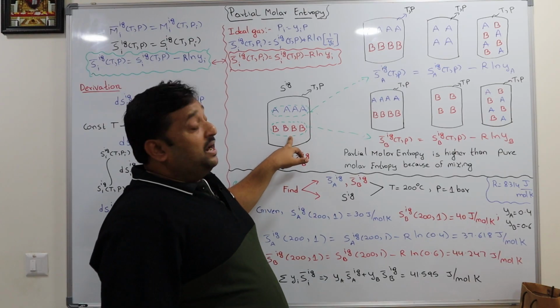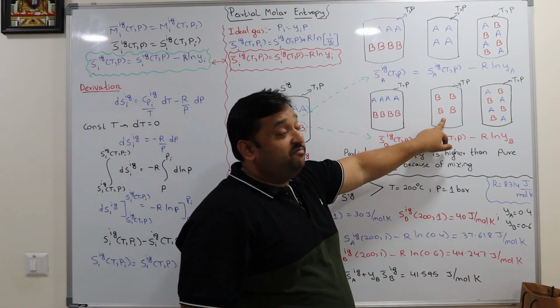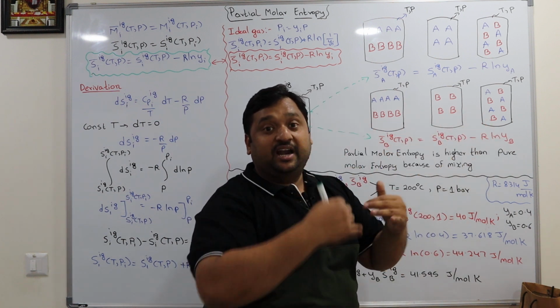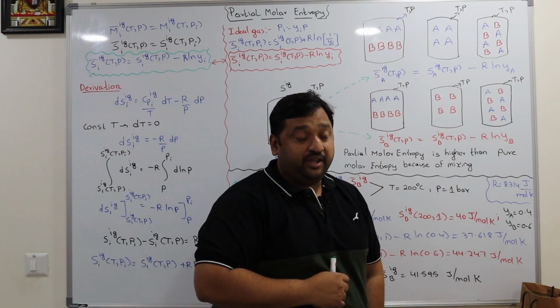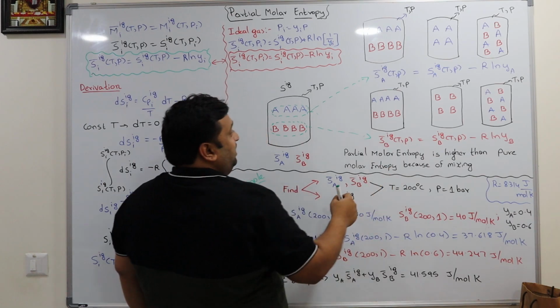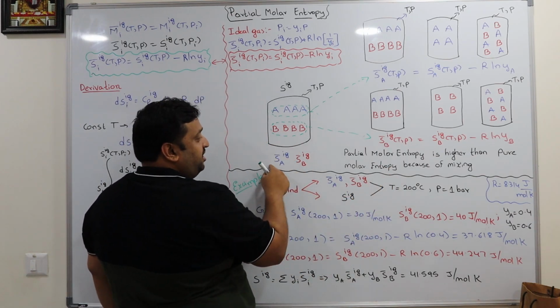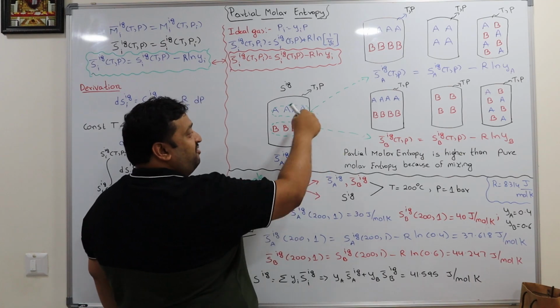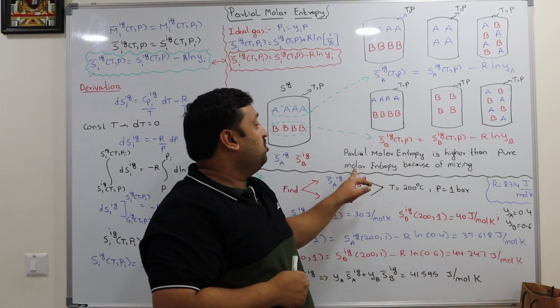Similarly, the partial entropy of B in the mixture is nothing but the pure entropy of B plus the mixing of A and B. So this is how you can relate the story. The partial molar entropy, S bar A, the entropy of A in the mixture, and S bar B, the partial entropy of B in the mixture, are always higher than the pure molar entropy.